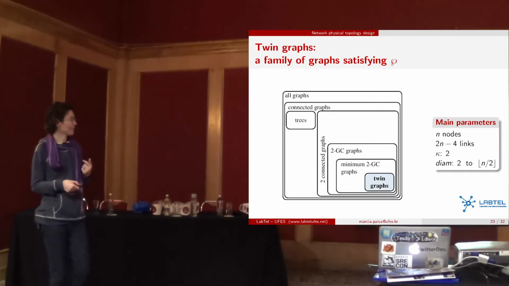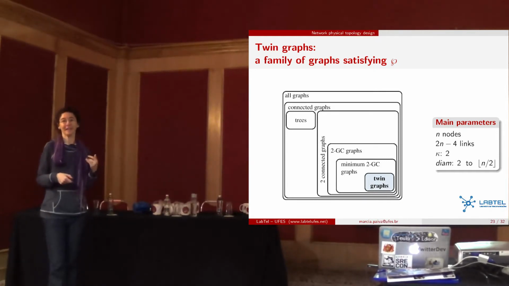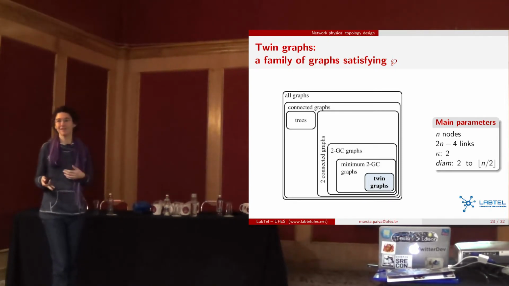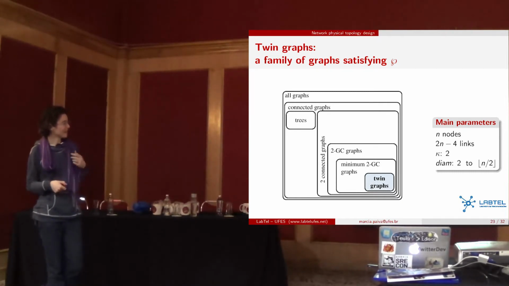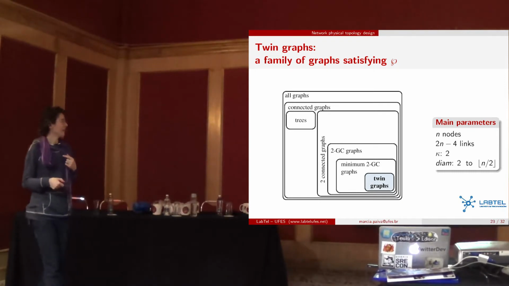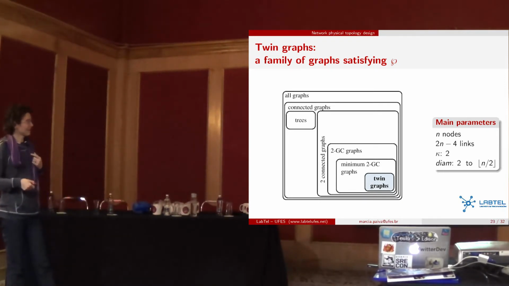Then we are interested in these graphs that minimize the number of links, because in telecommunications in general, links represent costs. So minimum, in this sense, means the minimum number of links. Then inside this class we have the twin graphs.